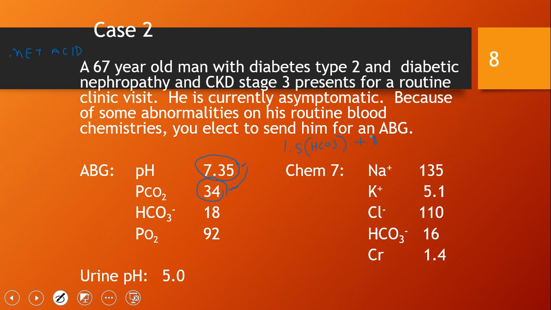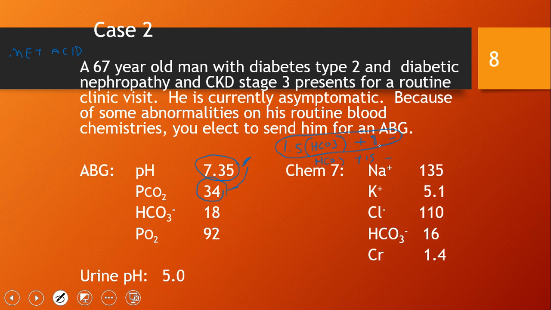It would tell me whether or not his body was compensating. So that's what I do for metabolic acidosis. What if it was metabolic alkalosis? What if this was really high, like 7.45 or 7.5? Then I would have used a different equation, the one that was HCO3 plus 15, and then I could have seen if his compensation was adequate. Anyways, we're doing this one here.